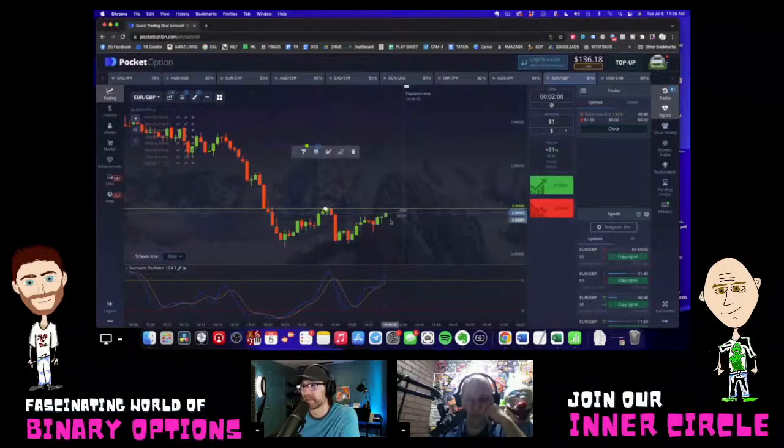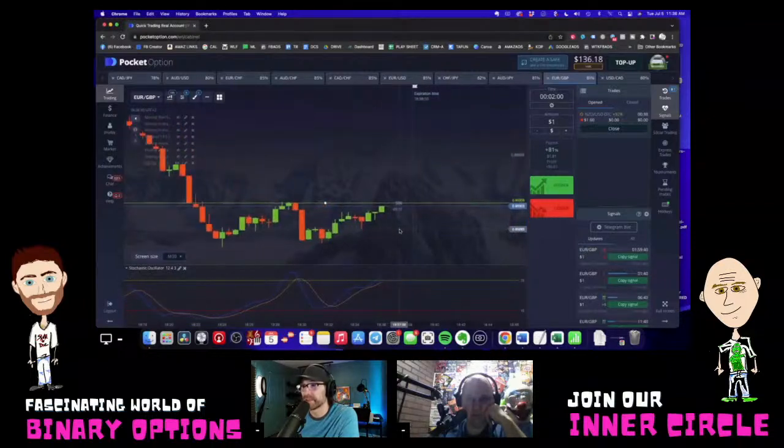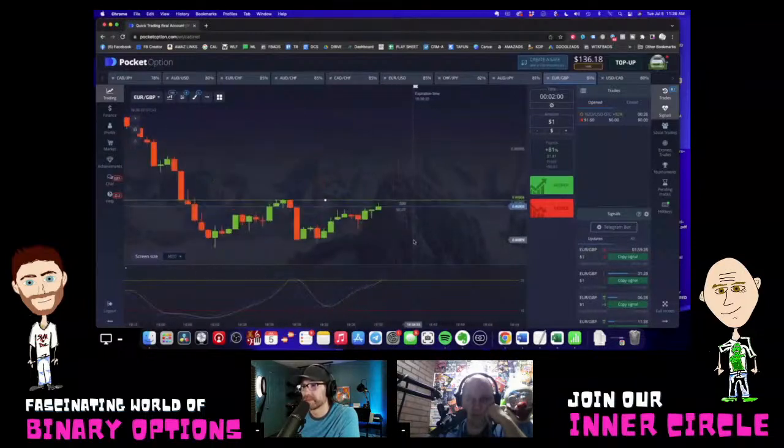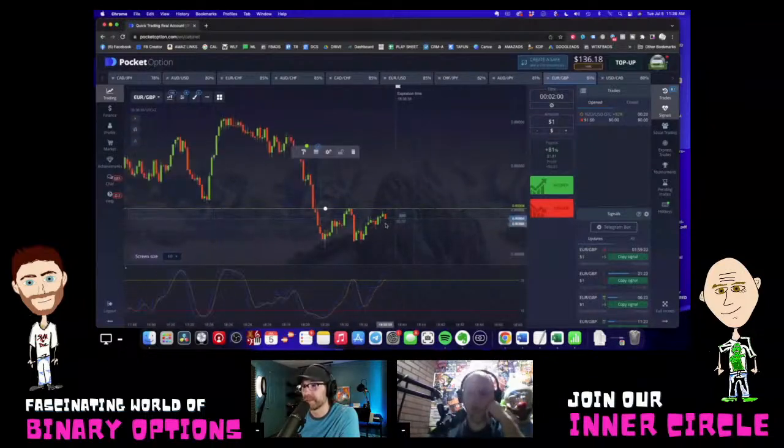So that's pretty much what I have going on. Like right here, it's oversold. It's about to hit this second line. And I hate to not look at any other indicators like the white line, but I'm not going to. So I think it's going to hit this line. But sometimes it doesn't always go up to that line. Like that would have been a decent trade, but now it's going back down.